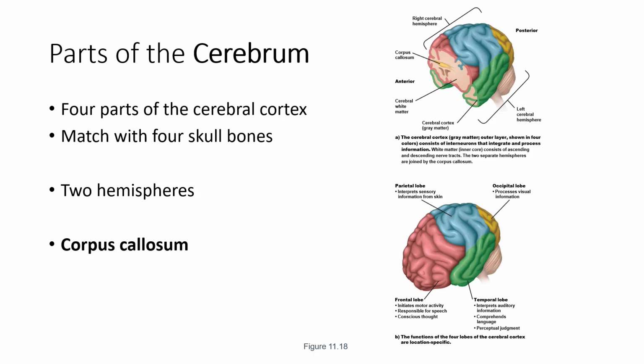And we're going to look also at how this is 2 hemispheres. So there's the right hemisphere of the brain and the left hemisphere of the cerebrum. Sorry, cerebrum, not brain. And between these is a small connected area called the corpus callosum. So that corpus callosum allows the 2 sides of the brain to adequately communicate with one another. And the size of the corpus callosum is determined by the amount of testosterone in the body.